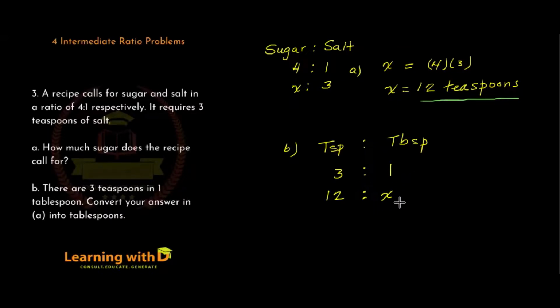So again, we come over here, we cross multiply. This is going to be 3 times x is equal to 12 times 1. And so x then is going to be 12 times 1 is 12 divided by 3. And so x is going to be 4 tablespoons. Okay? 4 tablespoons. Good job. We're doing good so far.